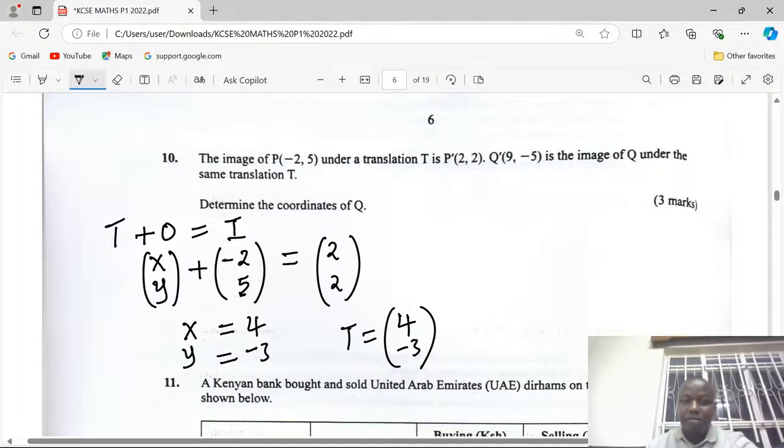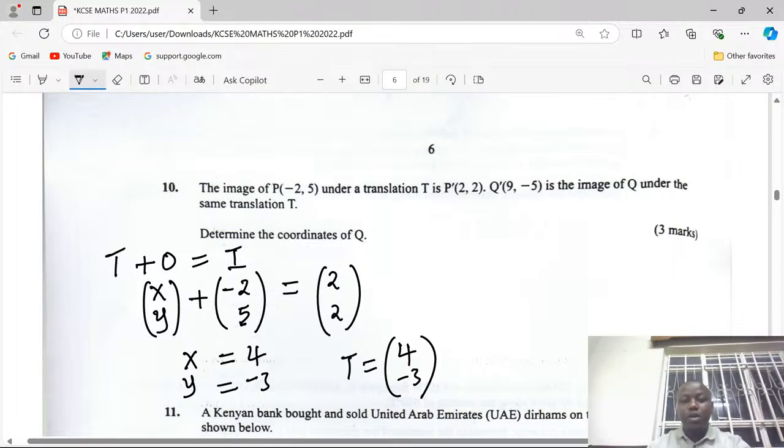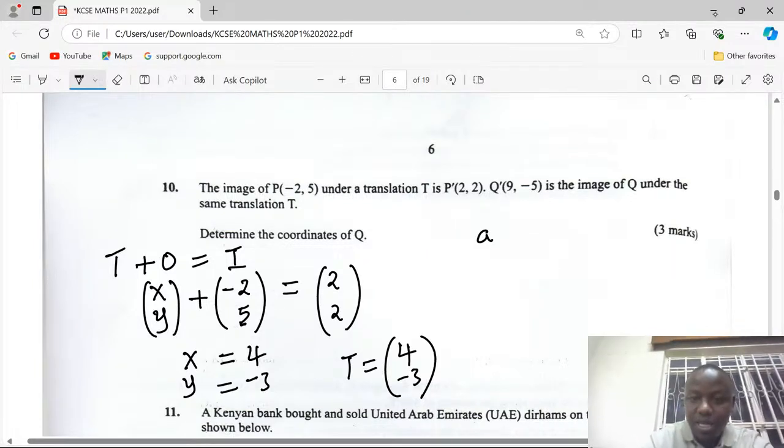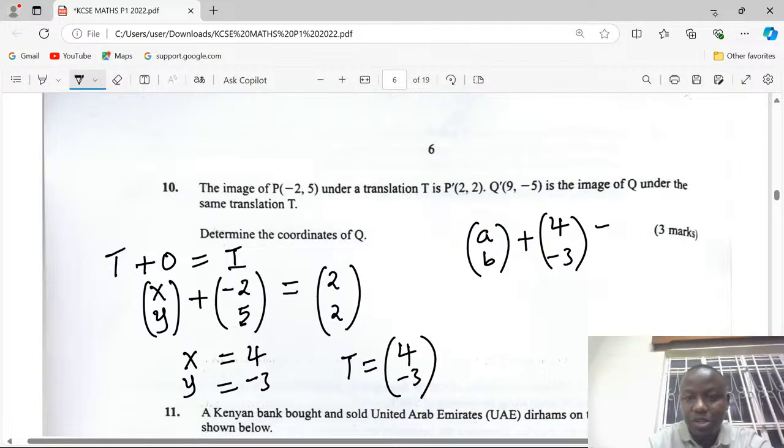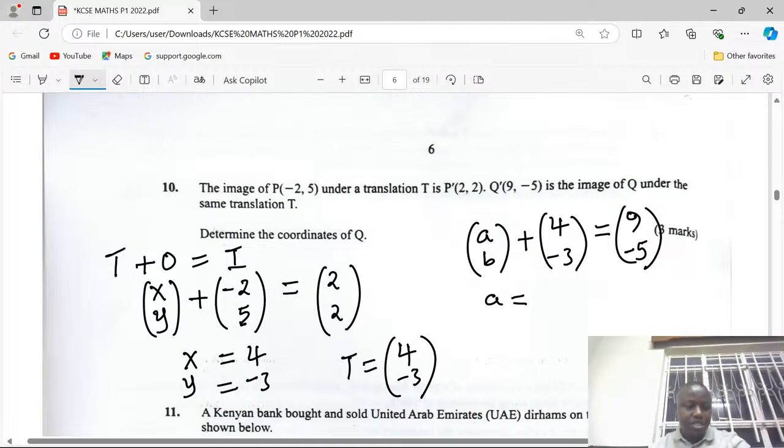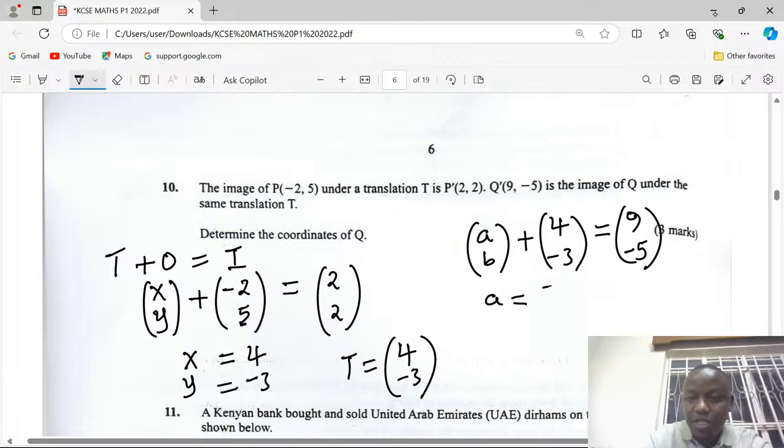With the translation vector now, we can determine the coordinates of Q. The coordinates of Q will be, assuming they are a, b, when we add the translation vector, which is now known, because we are told under the same translation, we get the image 9, -5. And that means for me to remain with a, the first coordinate, I need to say 9 minus 4, which is 5.